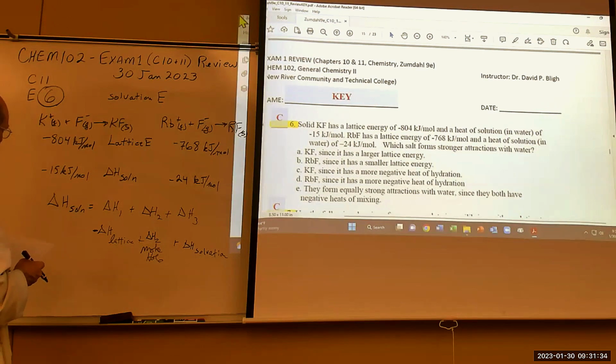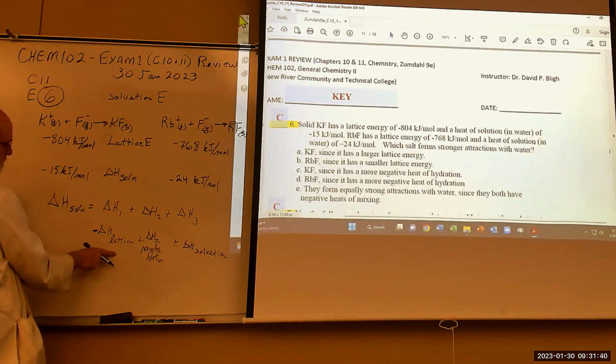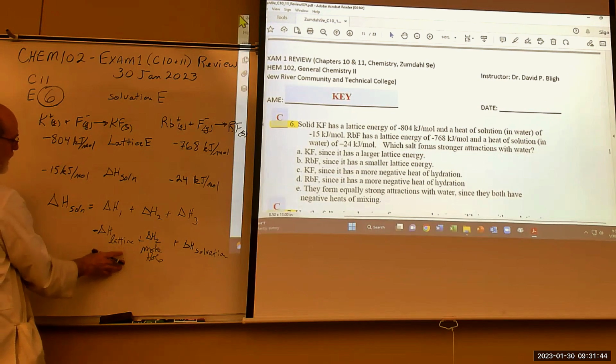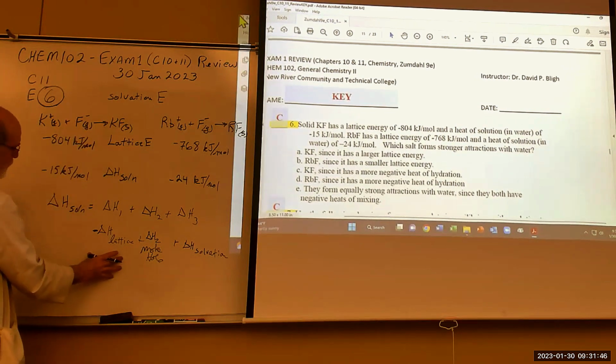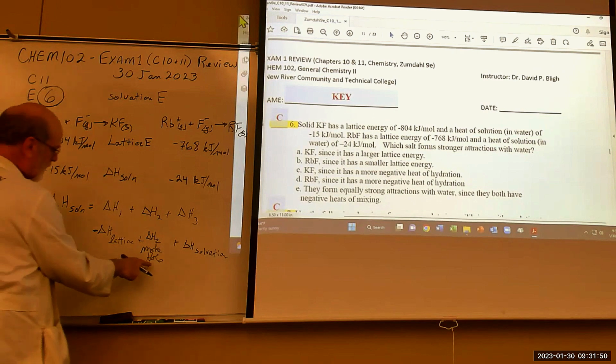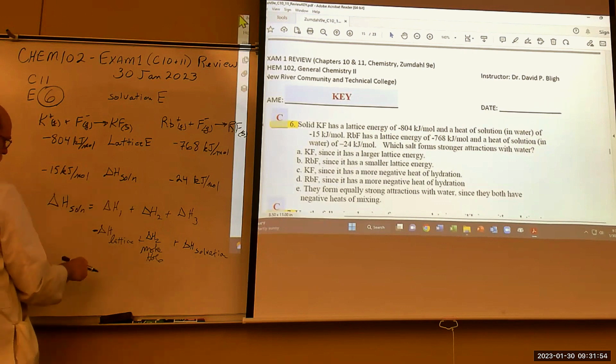Which one do we know? Well, we know this one goes in here. For each one, it would actually change the sign and be a positive number. So for this side, it would be 804. For this side, it'd be 768. But we don't have a separation here.